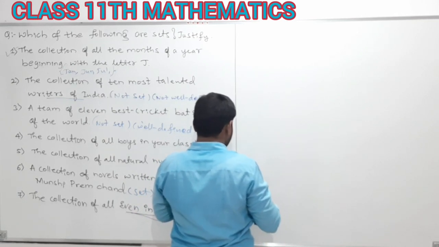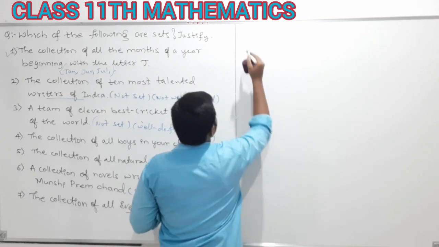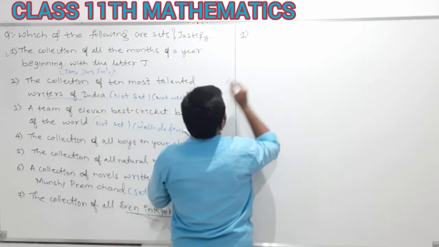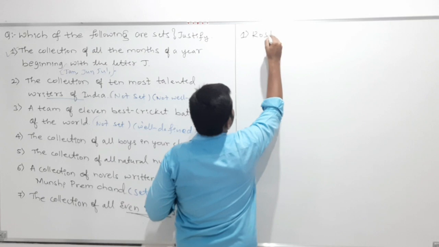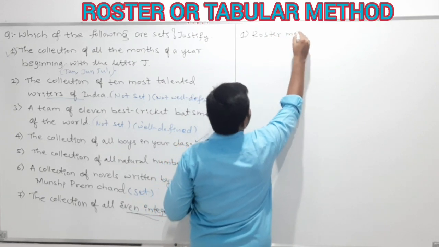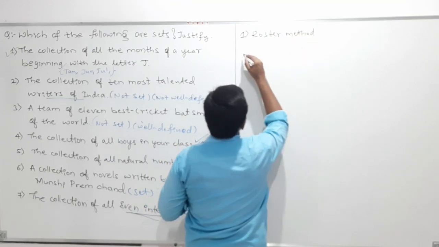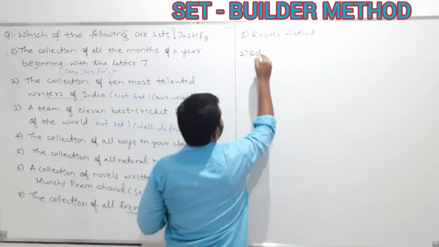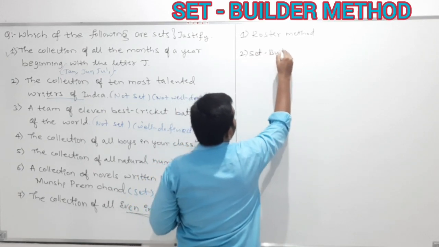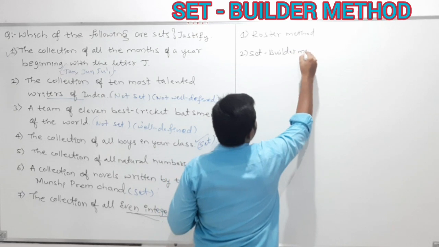First one you can call roster method, and second one you can call set builder method.